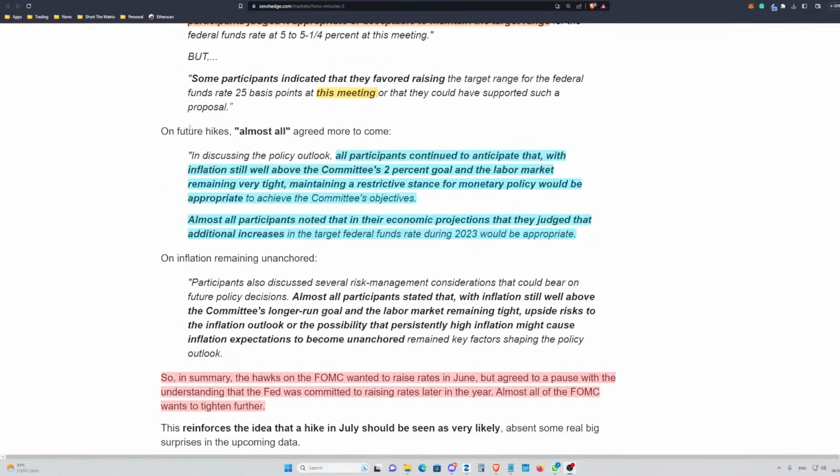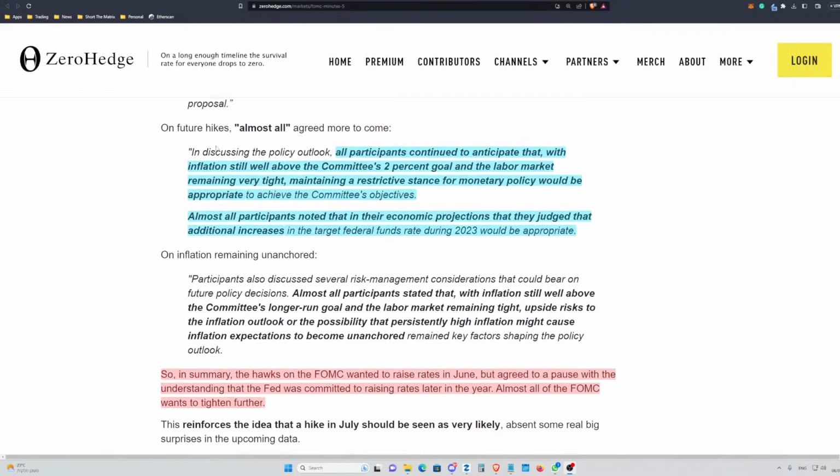And if we talk about future hikes, almost all, as we knew about it yesterday, agreed more to come. If you remember, 80% of the traders out there were pricing in one more hike. So let's continue. In discussing the policy outlook, listen carefully.